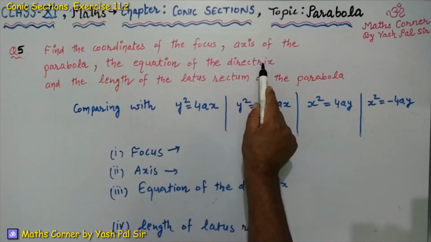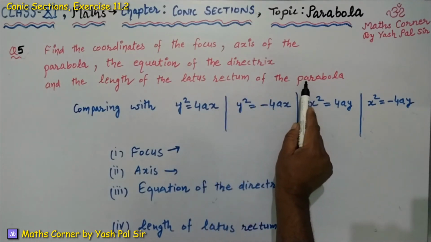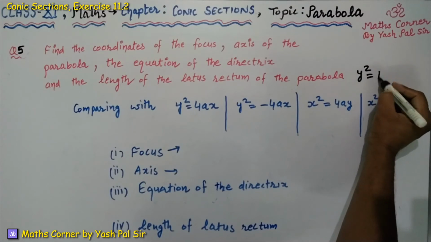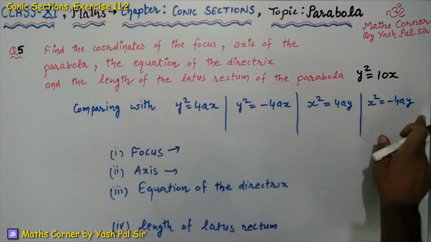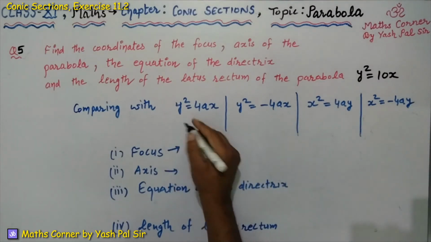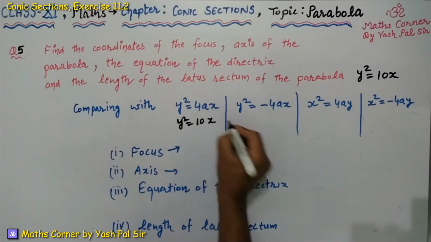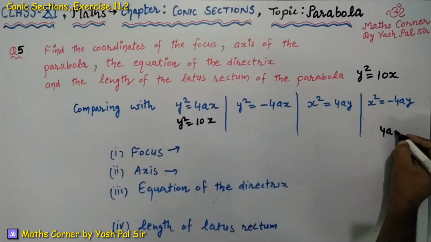Find the coordinates of the focus, axis of the parabola, the equation of the directrix and the length of the latus rectum of the parabola y square is equal to 10x. Comparing, this is y square is equal to 10x.